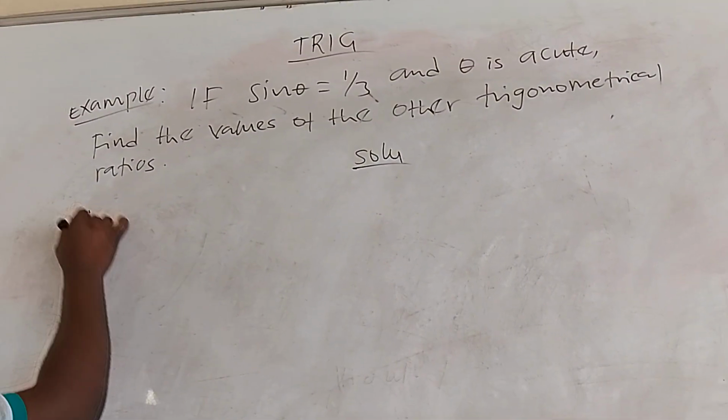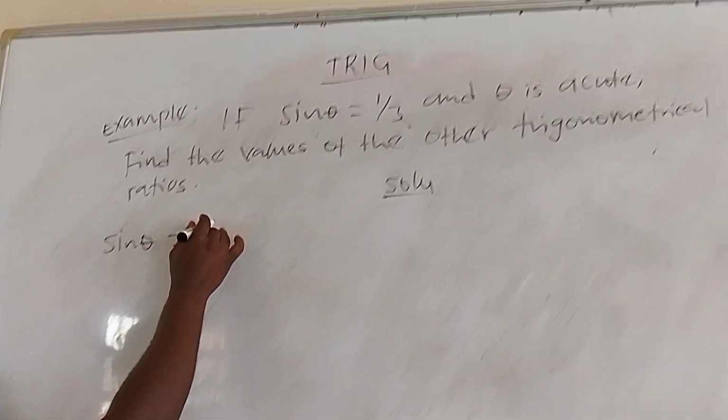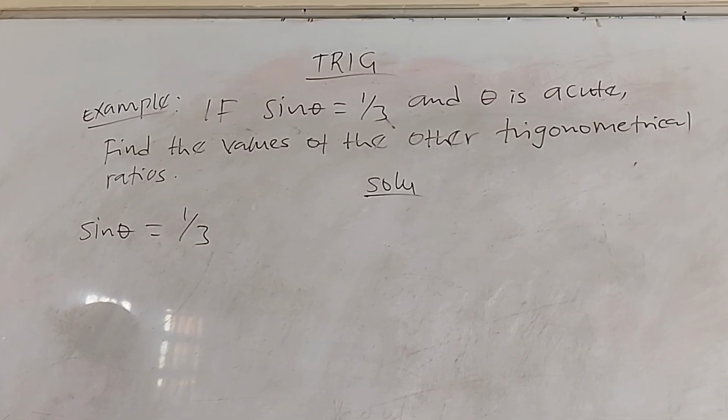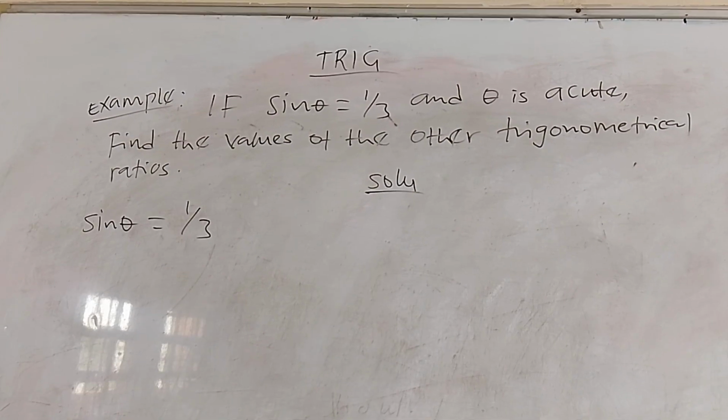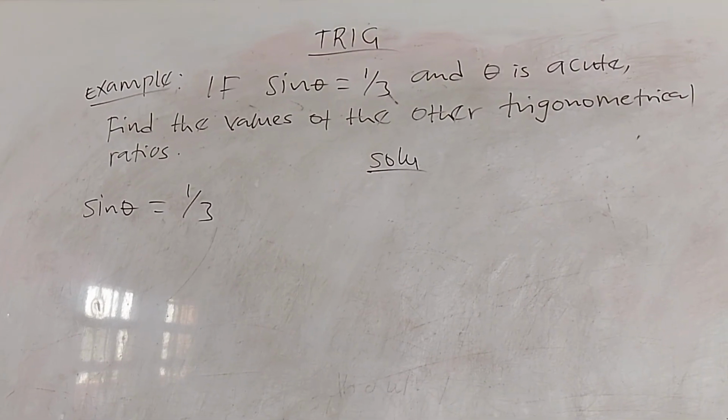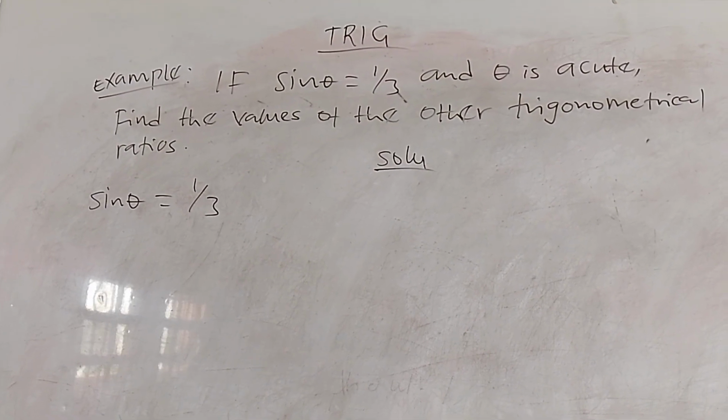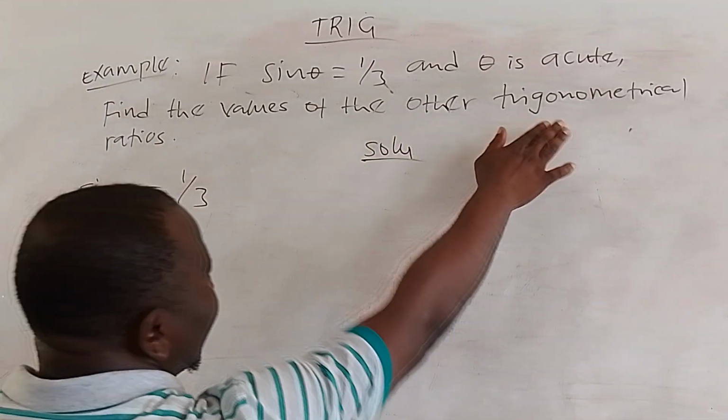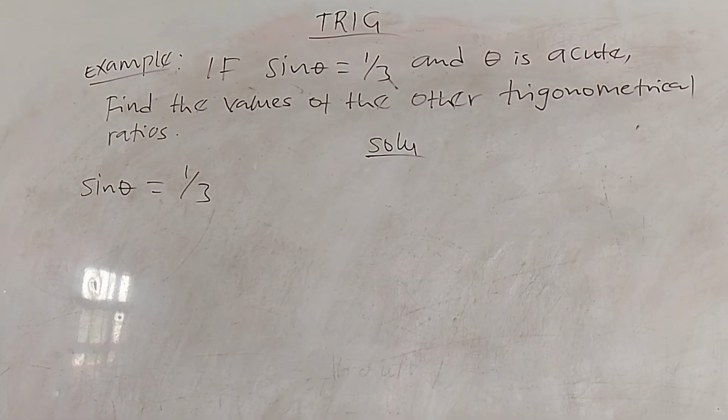We said sin theta is equal to 1 over 3. Now, they said we should find the values of the other trigonometrical ratios.